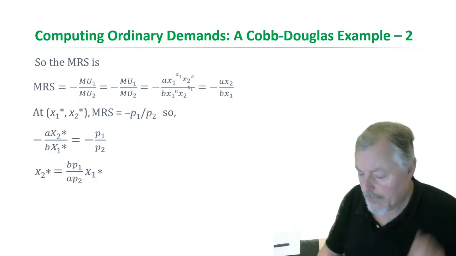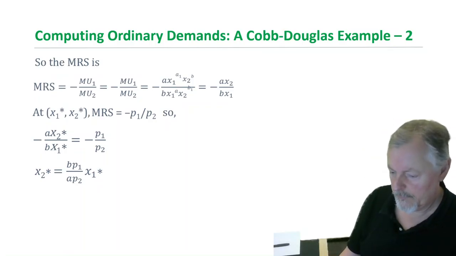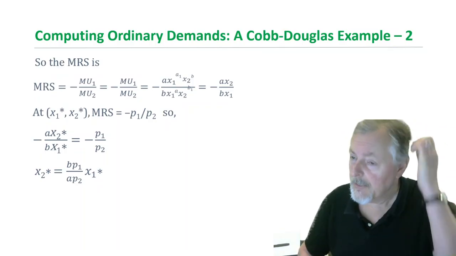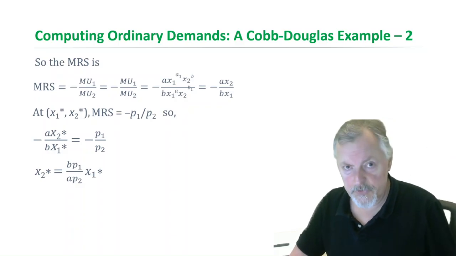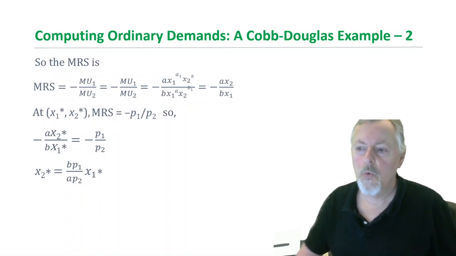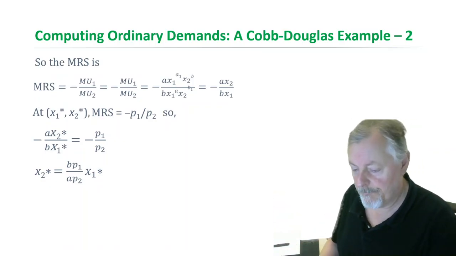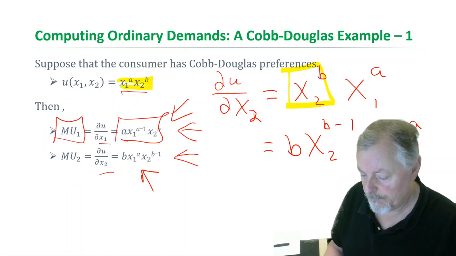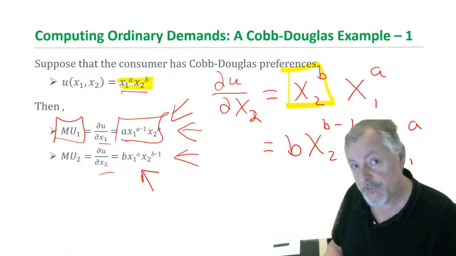Okay. We know that this consumer will choose a bundle where the marginal rate of substitution is equal to the slope of the indifference curve. Well, we now have found the marginal utility of x1 and the marginal utility of x2.